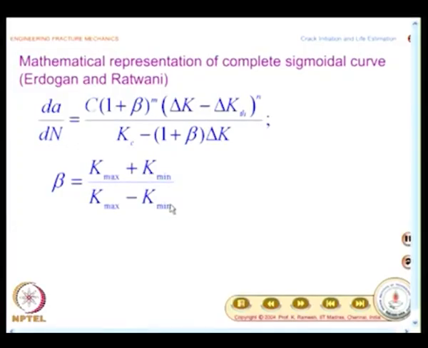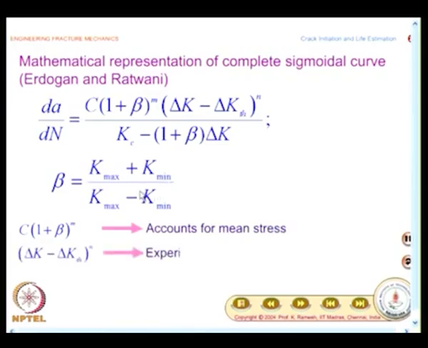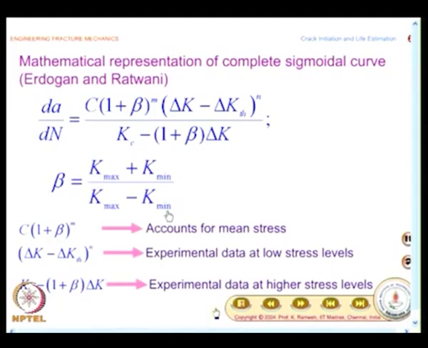So, I have beta equal to (K max plus K min) divided by (K max minus K min), and you have all these factors defined like this.